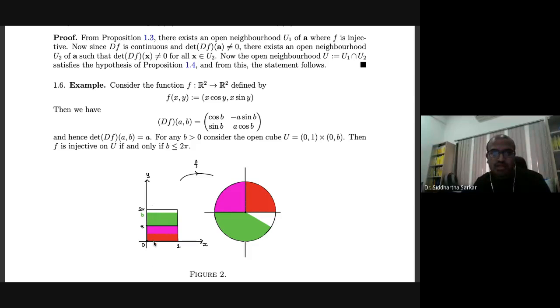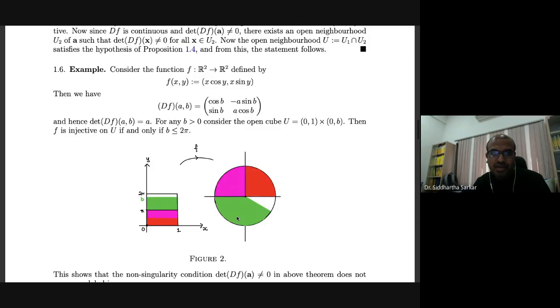What you end up getting is a nice circle of radius r, and these color codes give an idea in which direction this map is rotating. This is counterclockwise. The red one comes first, then the pink one is the second quadrant, and if I push y around 2 pi, it gets pushed towards the x-axis from the negative side.